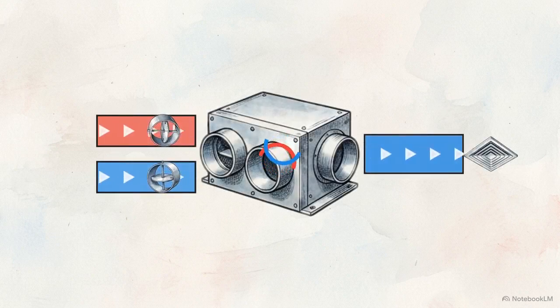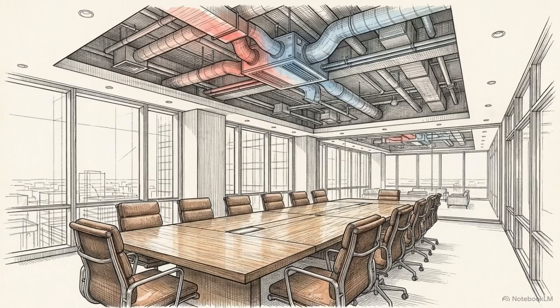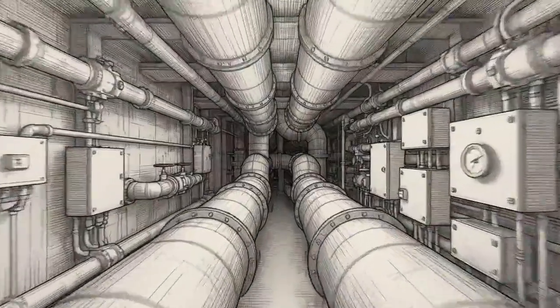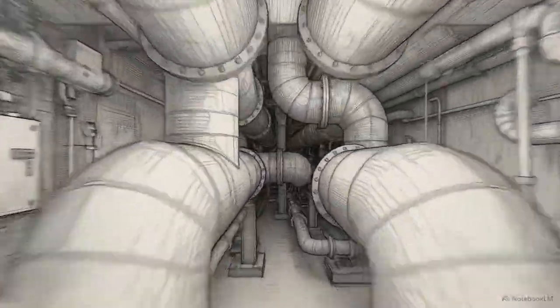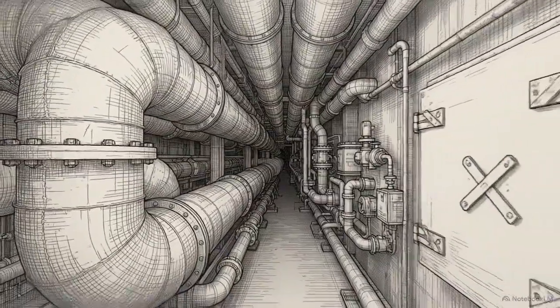By blending the two, it achieves the exact temperature, the precise delta T, required for that specific room at that exact moment. While the dual-stream method successfully solves the multi-zone problem by varying the temperature at the terminal, generating and pushing two continuous, full-volume streams of air demands massive infrastructure and carries a heavy energy cost.